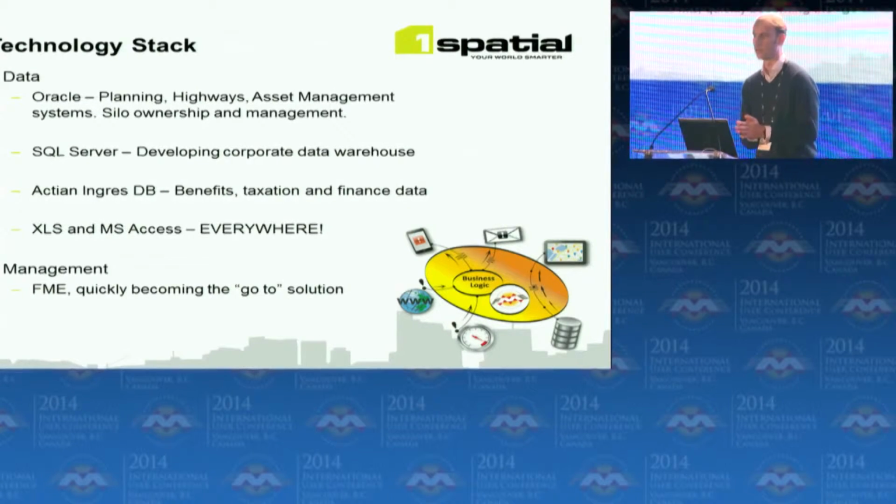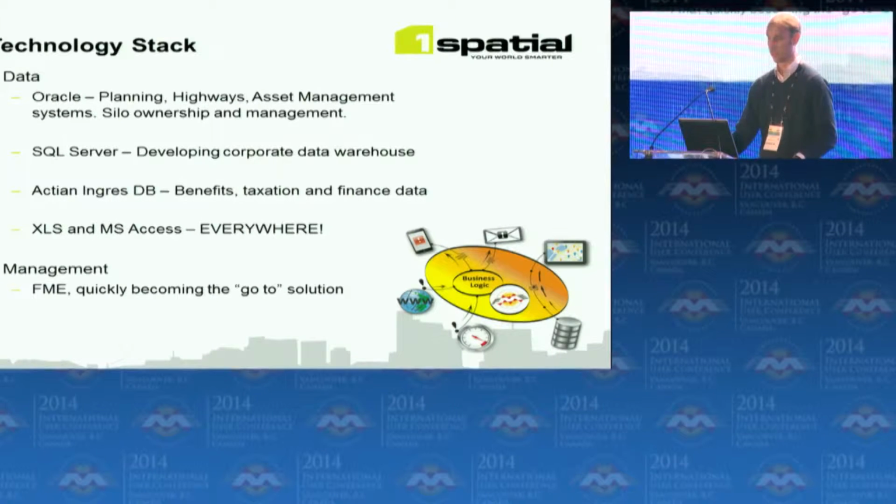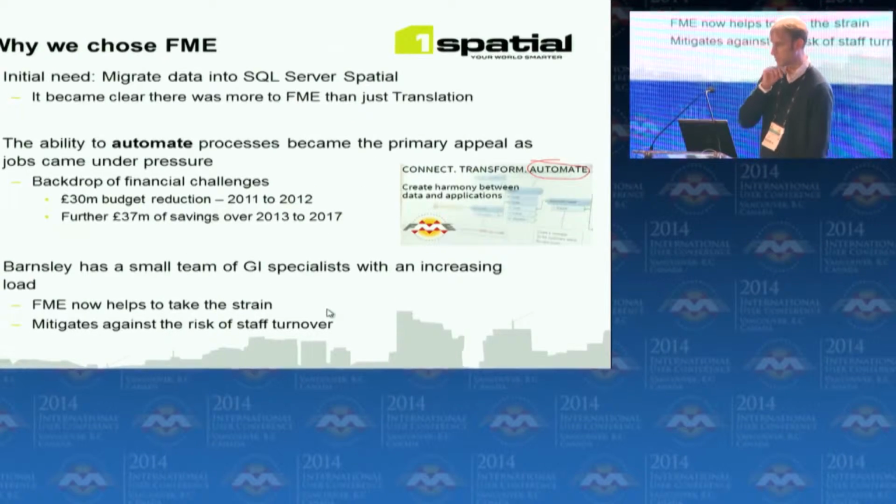Actian is one of those, and it includes a lot of things that traditionally we wouldn't have thought we could use or manage with FME: benefit information, taxation information, and finance data. Riley also states that they have more Access databases and Excel spreadsheets across the network than they know what to do with, so a real challenge, which means that FME is starting to become a real go-to solution for them.